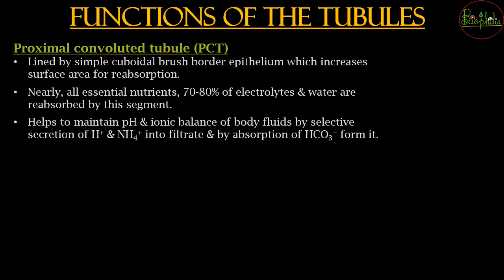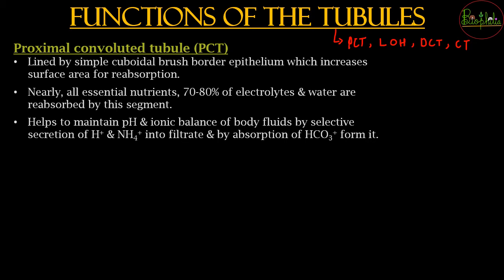Now here we see the different functions related to urine formation in the different parts of these renal tubules. So renal tubules, as we all know, we have to study about the PCT, that is proximal convoluted tubule. Then we have to see about loop of Henle. Then we study about the DCT, that is distal convoluted tubule. And then finally we study the collecting tubule.